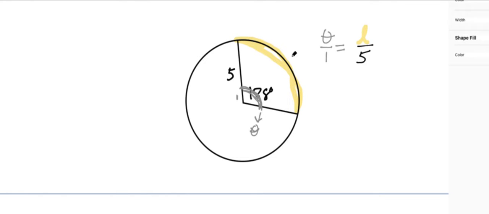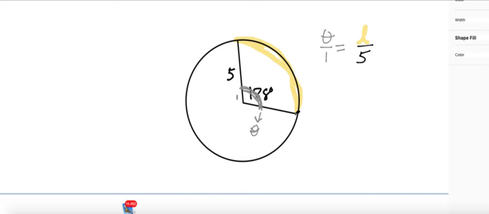Let me talk about that again because I almost got myself confused. The arc length, which in this case is the radian measure, and 1, which is the radius of the unit circle, is equal to the arc length and the radius of the larger circle.